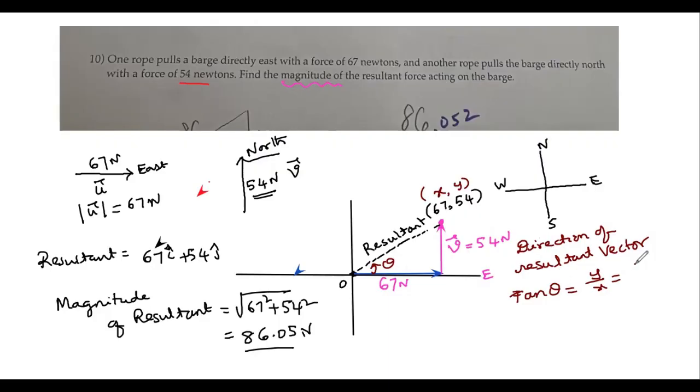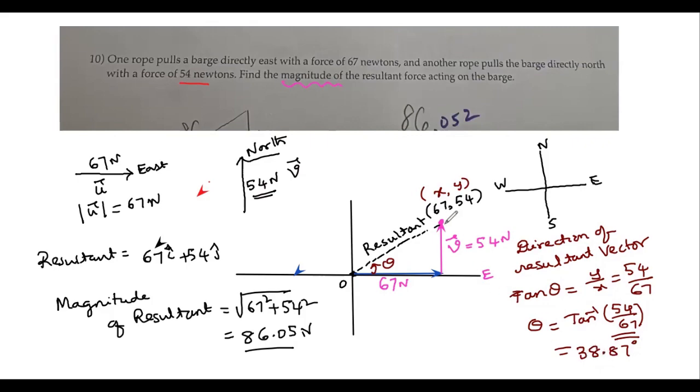So 54 divided by 67, and theta is equal to tan inverse of y by x. This is the general formula for measuring the direction. For every vector, from the x-axis, you have to calculate in the anti-clockwise direction. So tan inverse of 54 by 67, and using the calculator, it comes out to be 38.87 degrees.